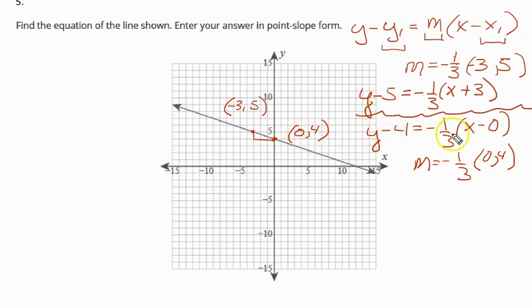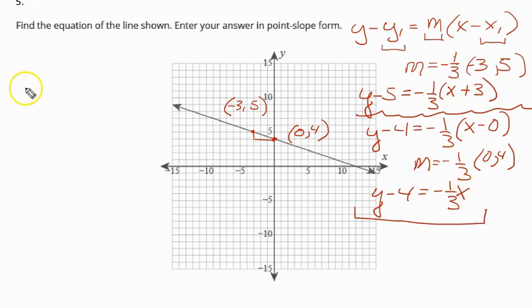But our x value would be a 0. So as we write this with the ordered pair 0, 4, this would then become y minus 4 equals a negative 1/3 x, because this here would have been a 0. We don't show it. So again, this is in point-slope form.